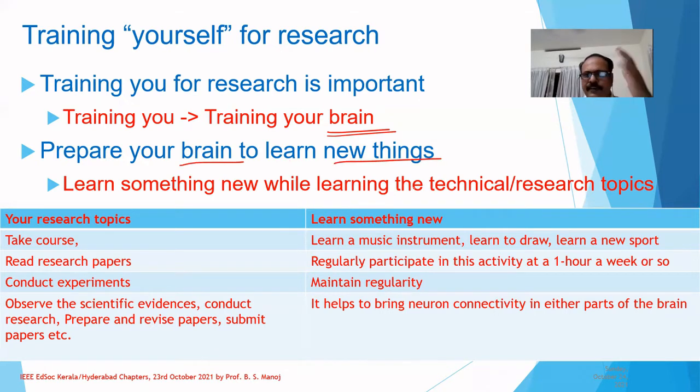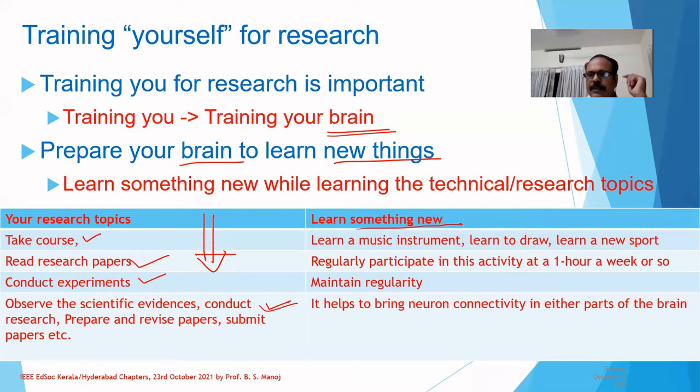So when you are starting a research program, say a PhD, masters or whatever, you obviously will have your coursework, you will read a lot of research papers, you will conduct experiments, you will do a lot of evidence collection and prepare research papers and so on. To help you get a creative mind, I strongly recommend you start learning something new in addition to your research.